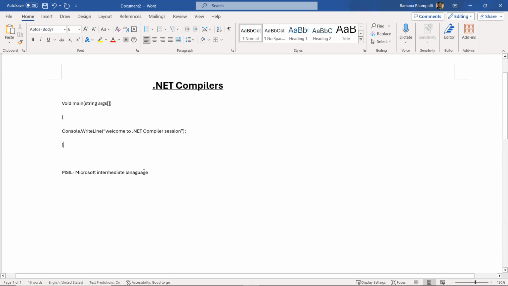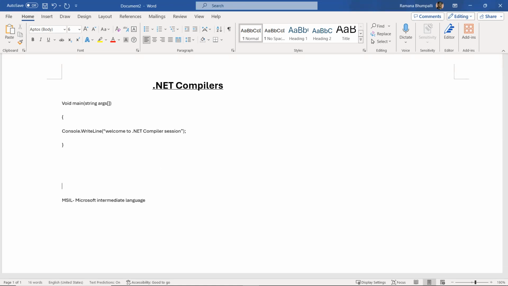Once after this, the .NET specific compiler comes into the picture, and it will take this MSIL code and inform the JIT compiler. The JIT compiler is going to convert your MSIL code into native code, which is CPU specific code that runs on the same computer architecture.